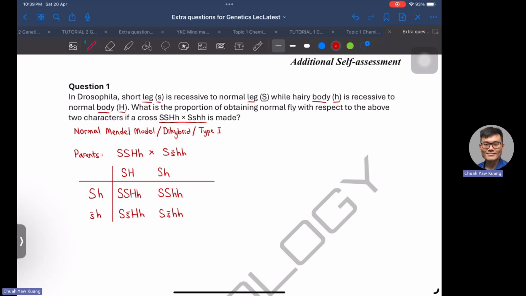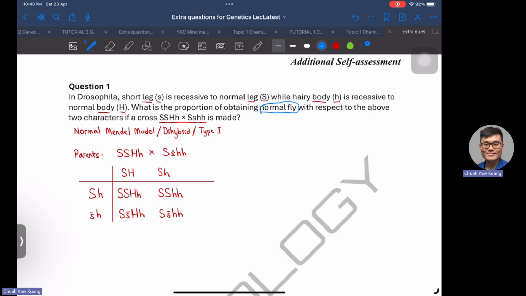The question is asking for a normal fly, the proportion of obtaining the normal fly. That means that the offspring must have the normal leg and also normal body, normal for both of the characters. So it must have a normal leg, that means at least one big S, and a normal body, at least one big H.